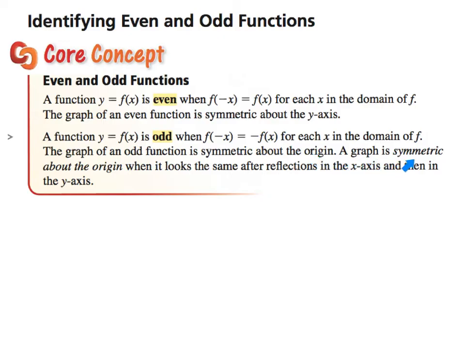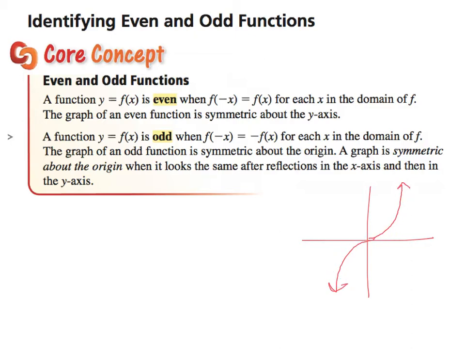A graph is symmetric about the origin when it looks the same after reflections in the x-axis and then in the y-axis. What it means is this. If I have this function and I reflect it and you get that, that means it's been reflected across the y and then across the x, so it looks like this.